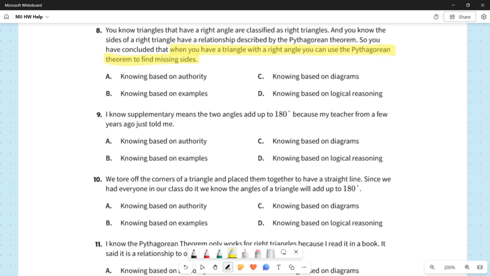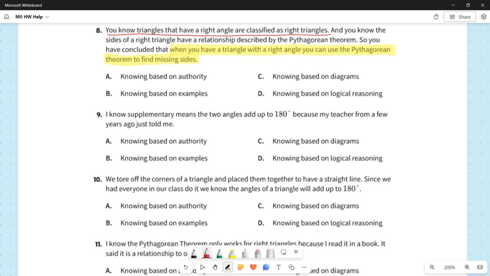The first sentence says, you know triangles that have a right angle are classified as right triangles. Now, this question does not get into how do we know that triangles that have a right angle are classified as right triangles. Chances are we just learned that in school at some point, right?